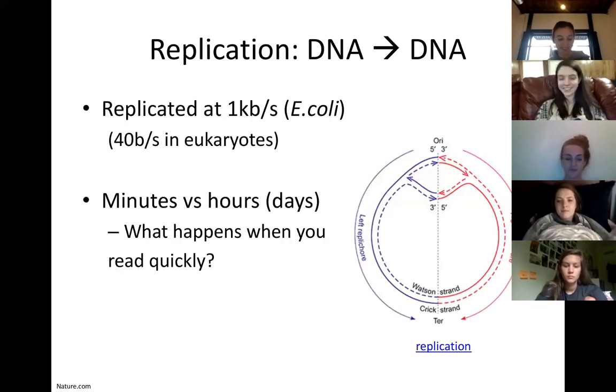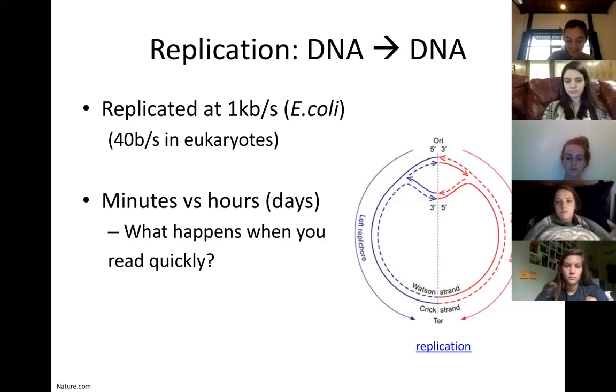So really briefly, we'll talk about replication, and to just give you another feather in your cap for how bacteria are able to replicate so much quicker than we are. As you see here, for E. coli, which is just an example bacteria, they can replicate 1,000 base pairs per second. All right, that's fast. In eukaryotic cells, we do about 40 base pairs per second.